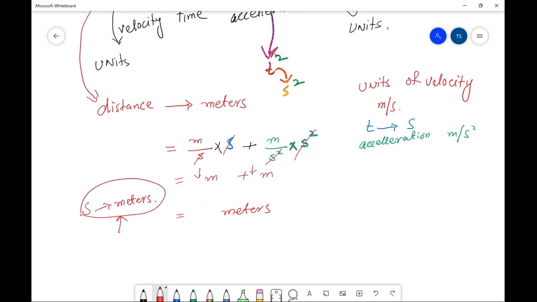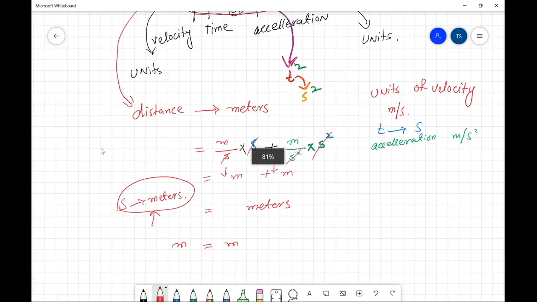So we have verified that both sides produce meters. We're not sure about what the magnitude on the right hand side will be. However, the formula is correct as it is producing meters on both sides of the equality.